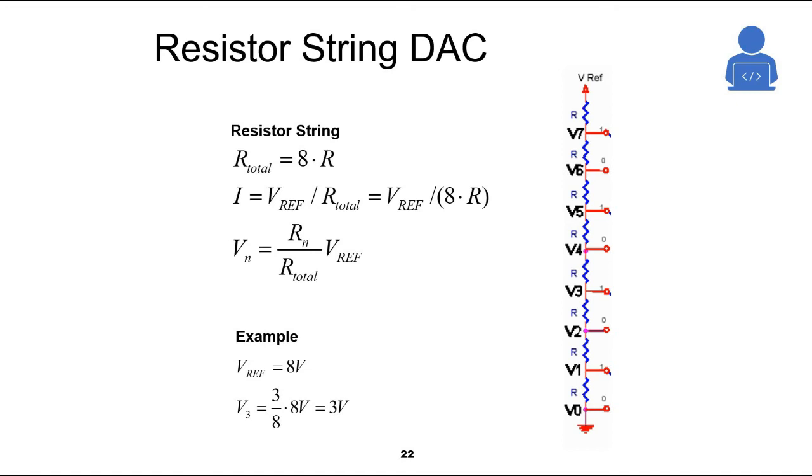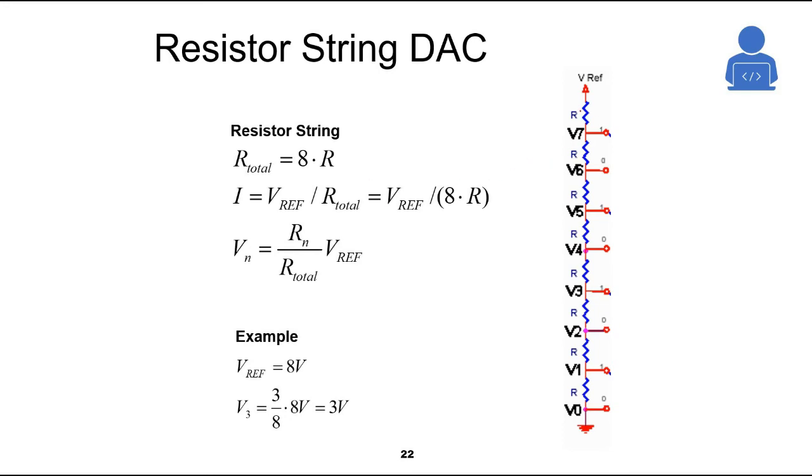For the resistor string, to calculate the total resistance, because we have 8 resistors, each resistor R, our total equals 8R.